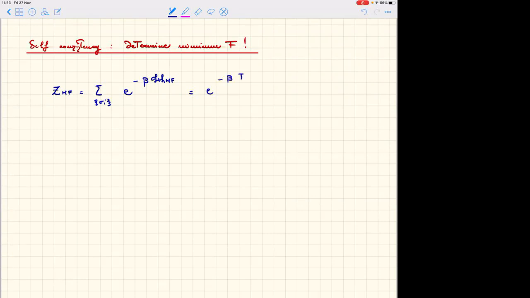You will get e to the minus J N z over 2 m squared times 2 cosh of beta (J m z plus b), to the power N, where N is the total number of lattice sites. Now I can compute the free energy, which is minus 1 over beta log Z.